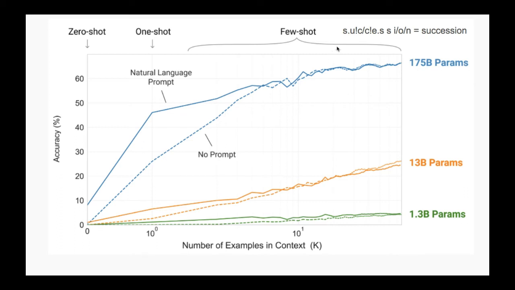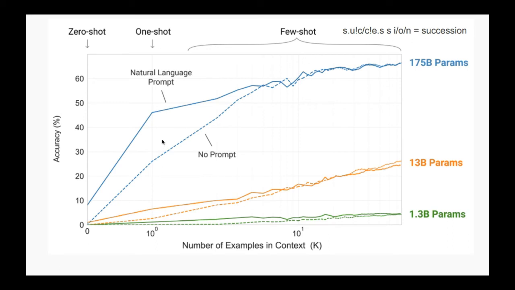In this chart they train different sizes of models, from 1.3 billion parameters to the largest GPT-3 with 175 billion parameters, to perform a scramble task. They insert random punctuation into a word, then the model needs to remove those punctuation marks and recover the original word.